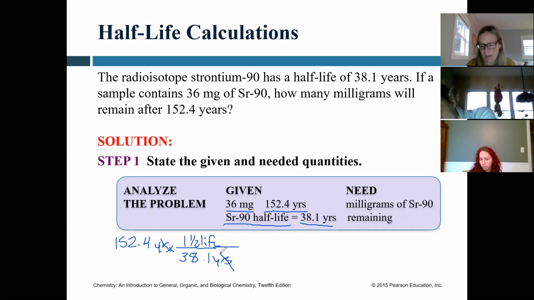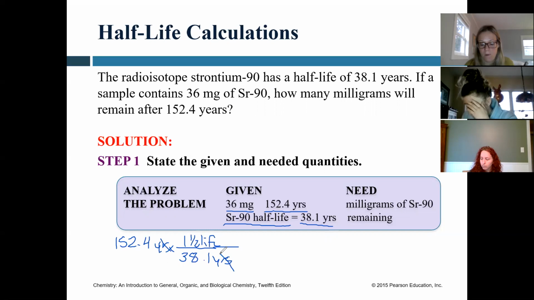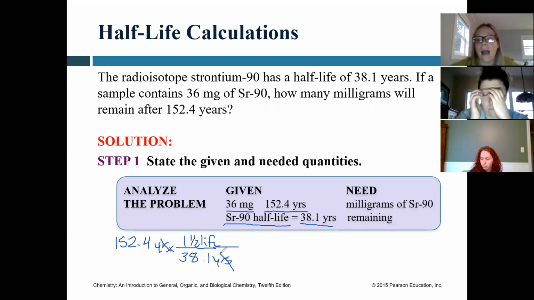You want to figure out how many individual half-lives you've had. So we divide 152.4 by 38.1. 4 half-lives. You are not going to get tested on half-lives or quarter half-lives. That's when you'd need to use the equations, right? You're always going to have whole numbers. So 4 half-lives have occurred.